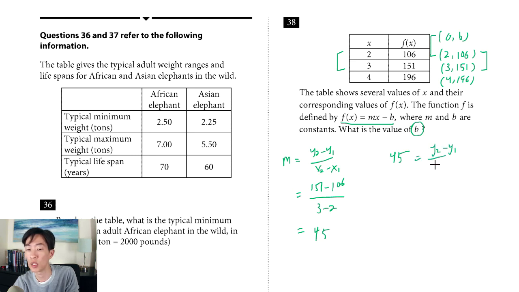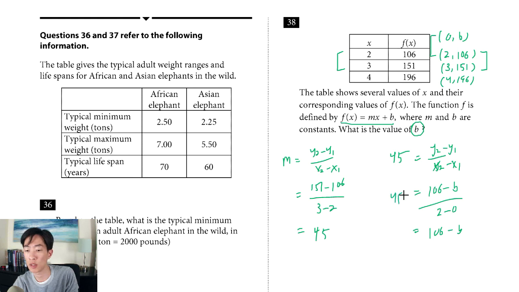y2 minus y1 over x2 minus x1. That becomes 106 minus b, or y, whatever you want, divided by 2 minus 0. This becomes 106 minus b.